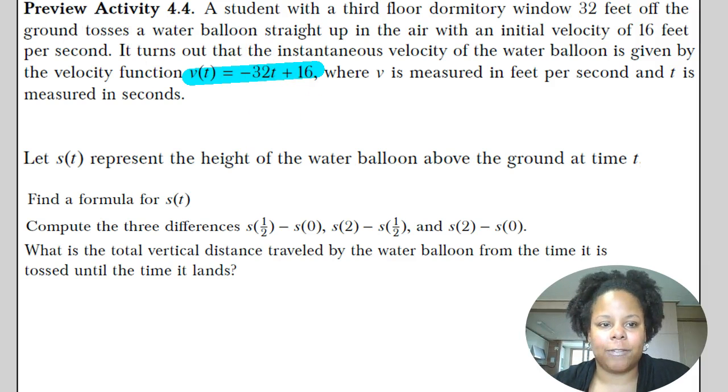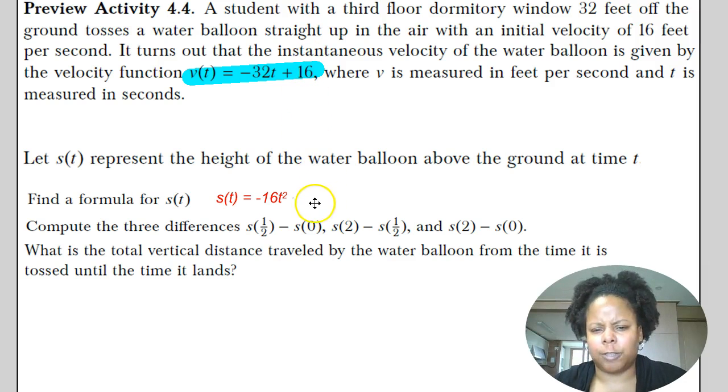So since this is negative 32t, the first part of that position function would be negative 16t squared, because when I take the derivative of this, I get negative 32t. And since this part is 16, the original position function should have involved just t. And so I end up with this part.